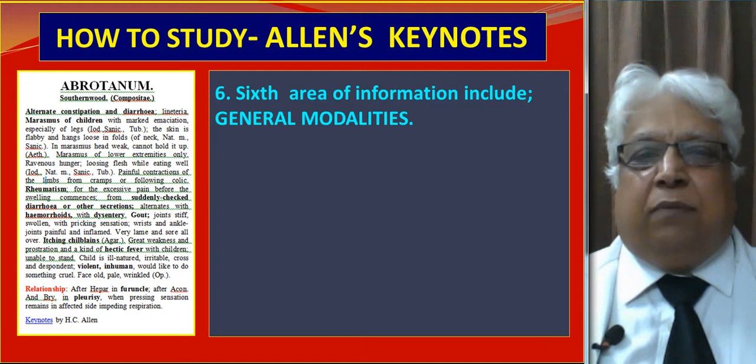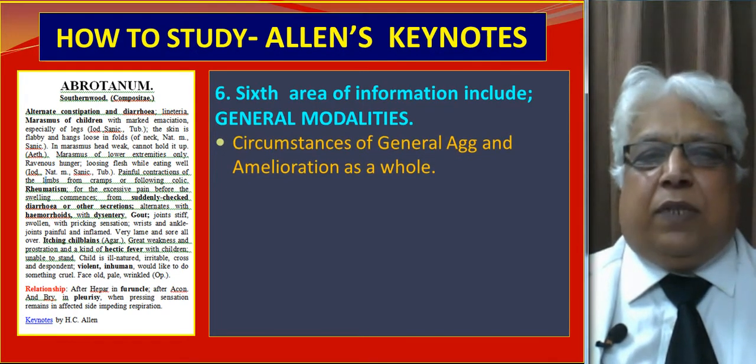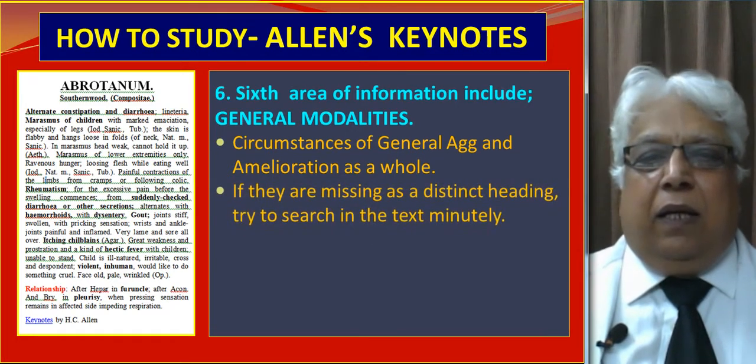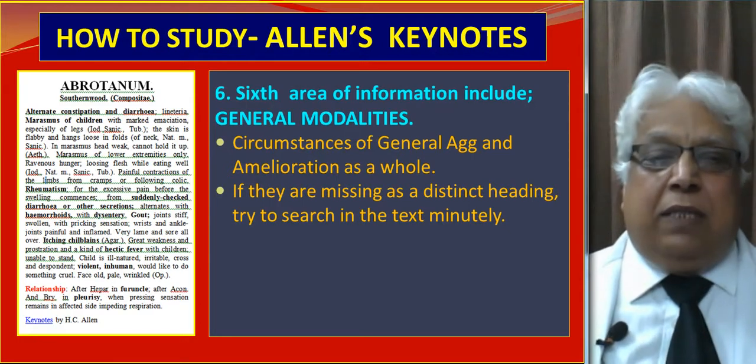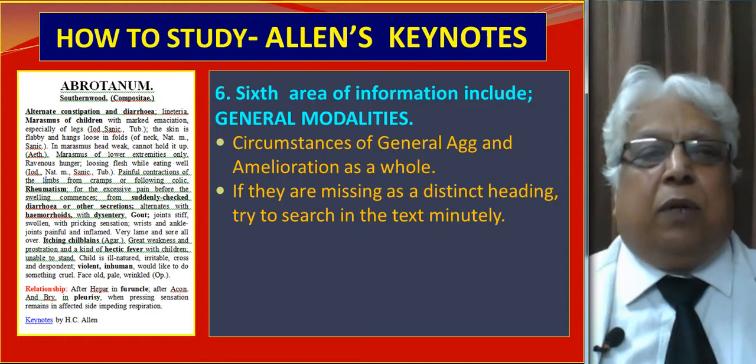The sixth area of information is general modalities, the circumstances of general aggravation and amelioration as a whole. You will find sometimes they are missing, as you will see in the case of Abrotanum. They are missing here. Why are they missing? Maybe Allen might not have thought them so important.